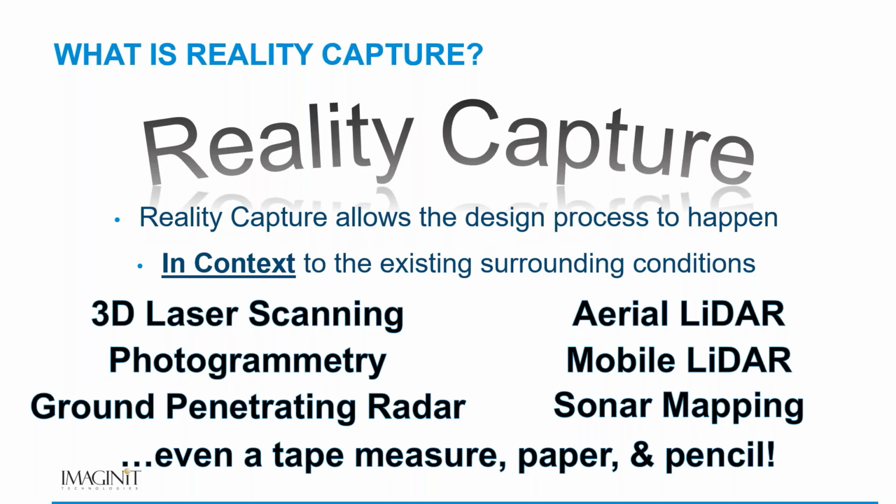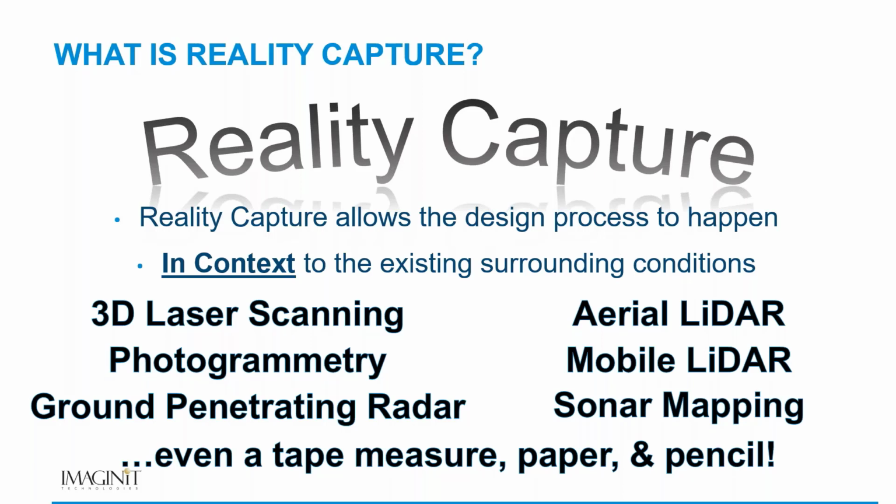There's also mobile LiDAR, where now I am able to go on the scanner, walk around the facility, and capture that existing condition in a matter of minutes instead of a matter of days. Photogrammetry, the big buzzword, no pun intended, but drones, being able to fly the rooftops of buildings, things like that, and quickly grab that information.